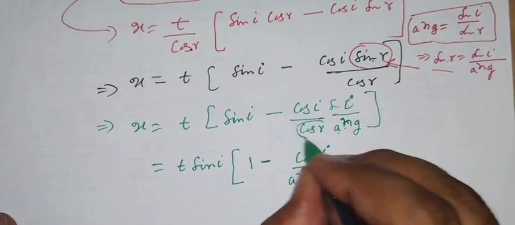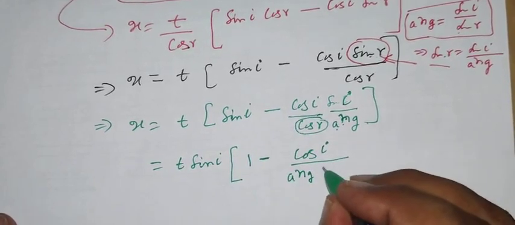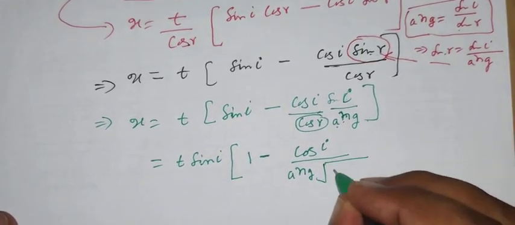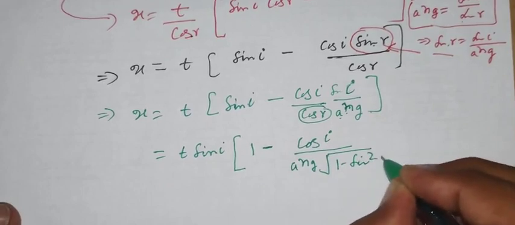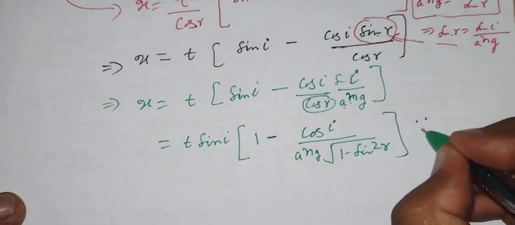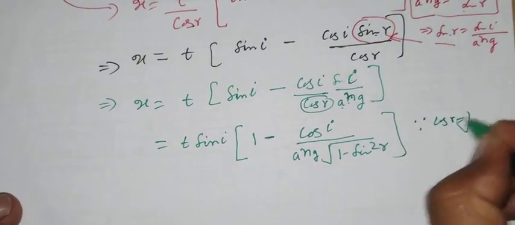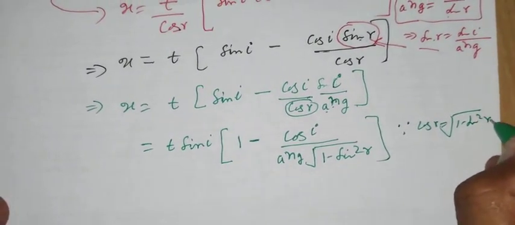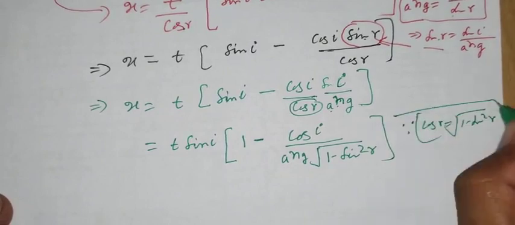Now it is cos R. In place of cos R, we may write under root 1 minus sin square R, since we know that cos R is equal to under root 1 minus sin square R.